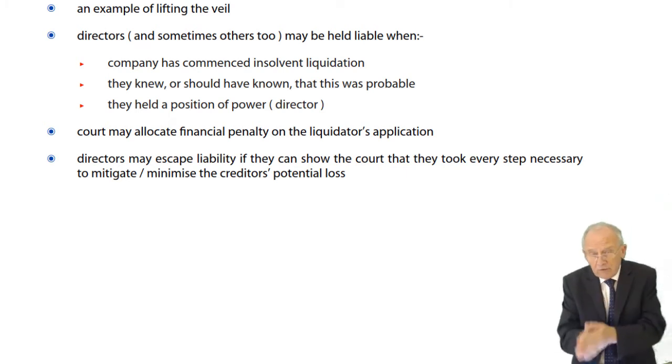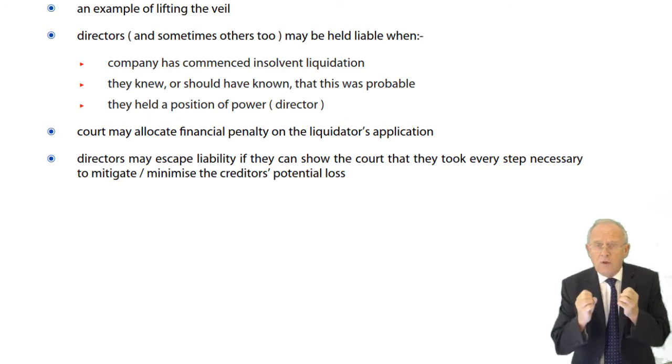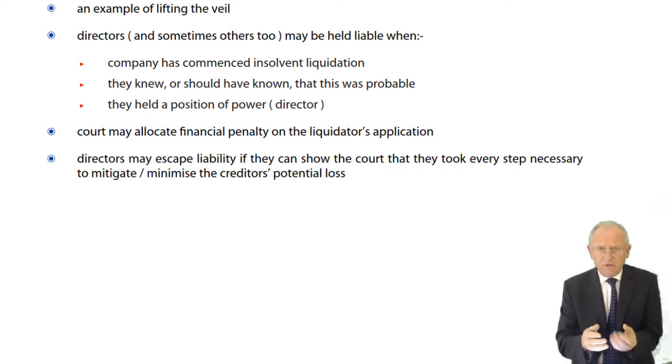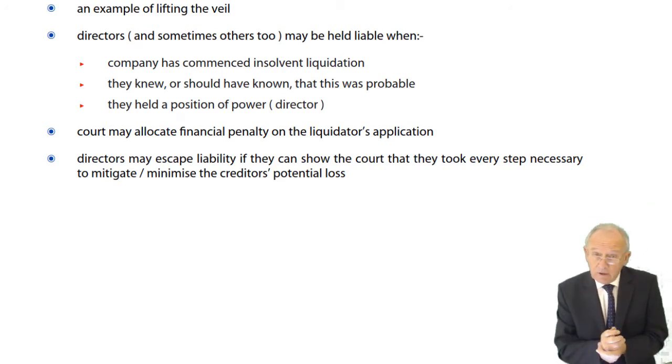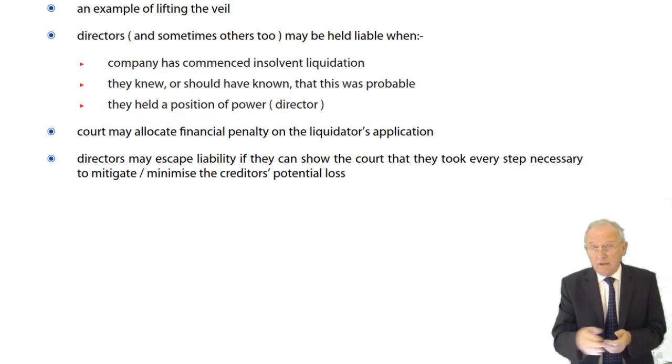The major prerequisite of the member's route being available is that the company is solvent. And then we can go down the member's route rather than down the creditor's route.